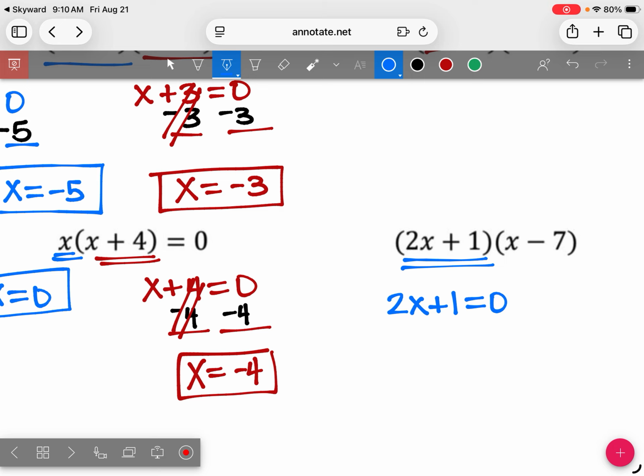So one of our solutions would be either a fraction or a decimal. For the first one, in order to solve it, I would subtract 1 from both sides.